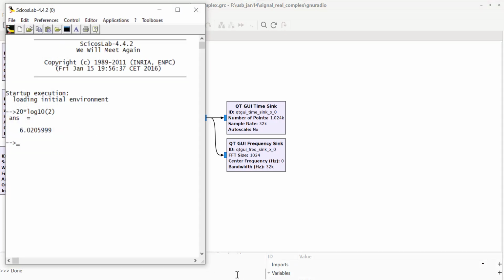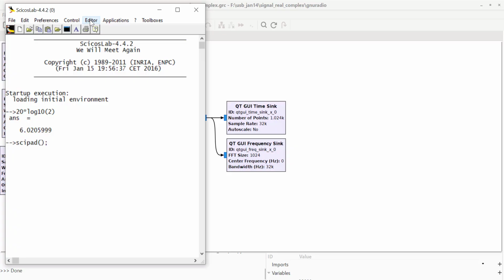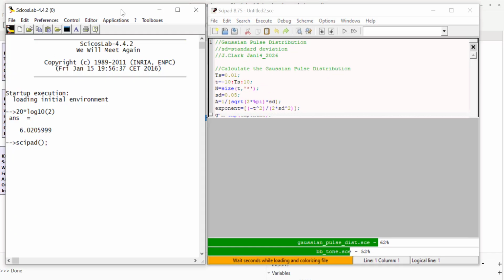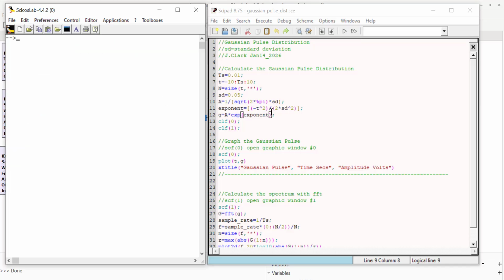Let's look at the Gaussian pulse here. There's a script file in Scilab to generate the Gaussian pulse distribution. And SD, where's SD here? SD is your standard deviation. Let's start off at 0.1 and we'll see what happens here.